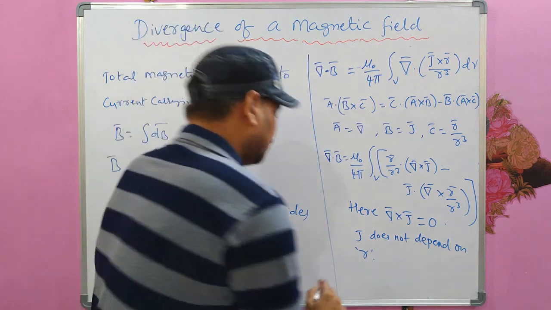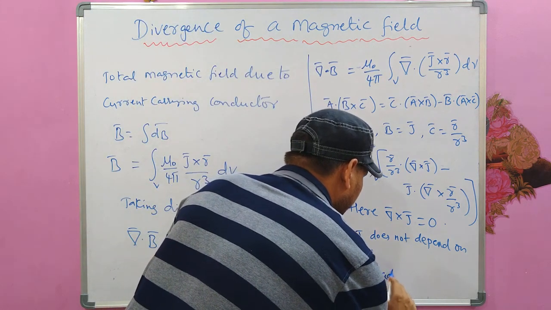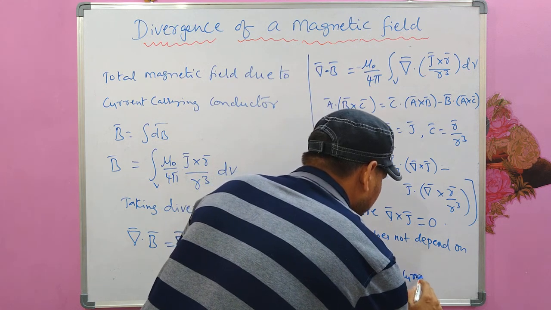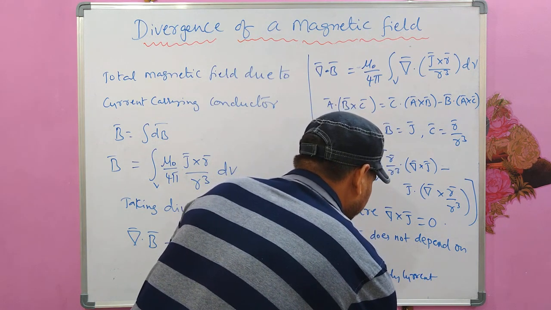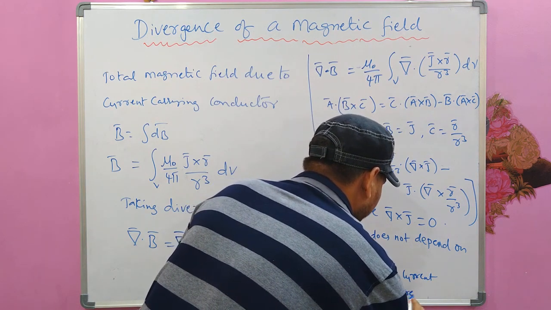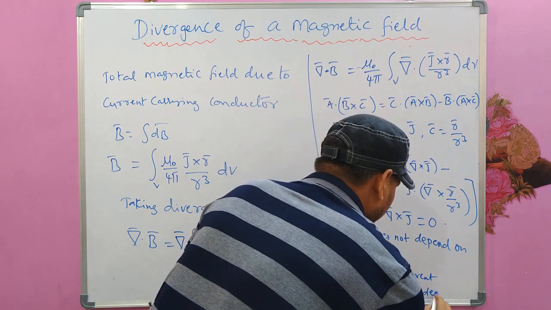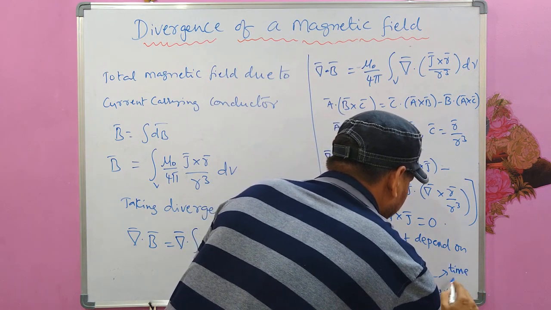I is steady current and J is steady current density here. What is steady current? Time independent.